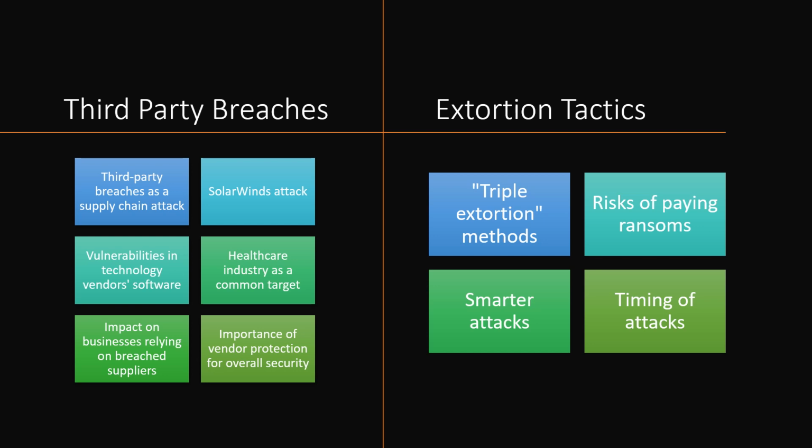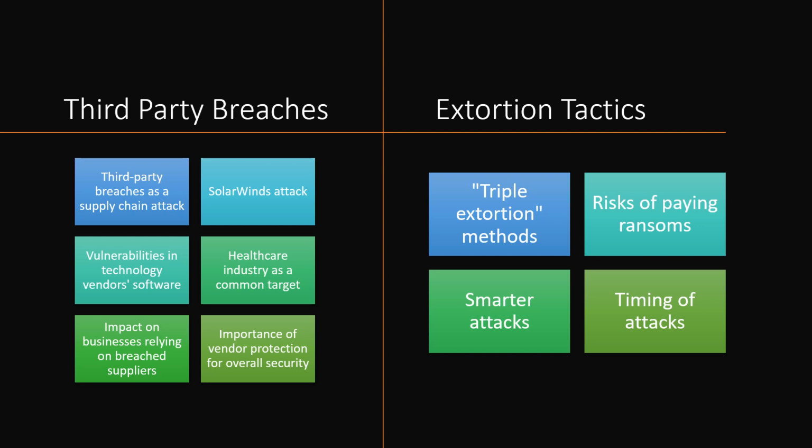Another key thing about extortion tactics would be the risk of paying ransoms. FBI and CISA recommend against paying ransoms because it emboldens attackers and shows that these attacks work. Another key thing is the smarter attacks or higher level attacks. This is using third-party breaches and supply chain vulnerabilities.